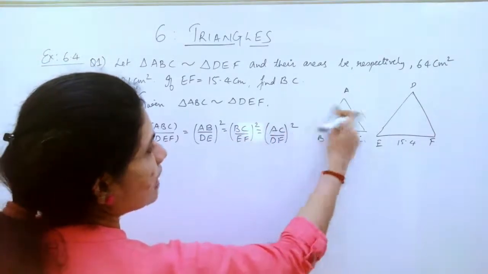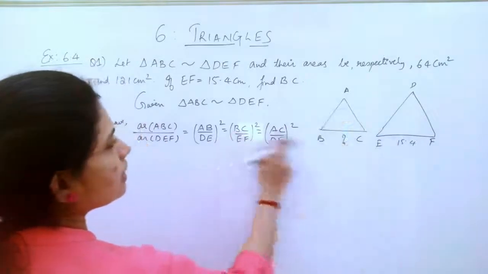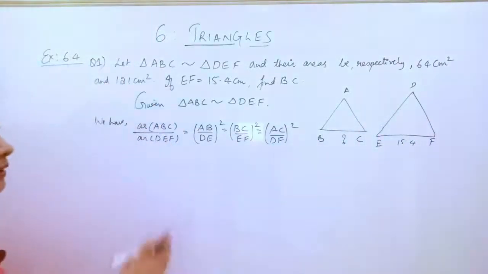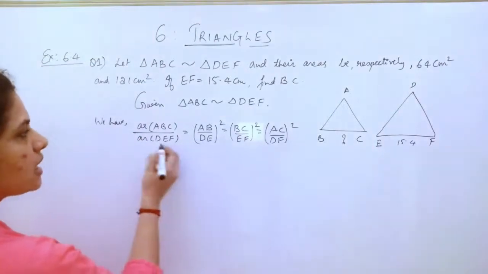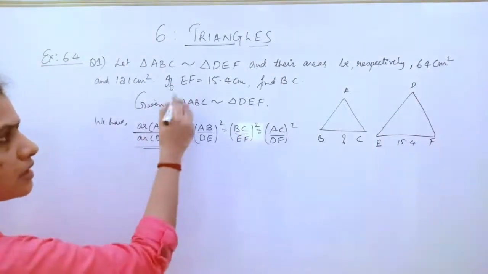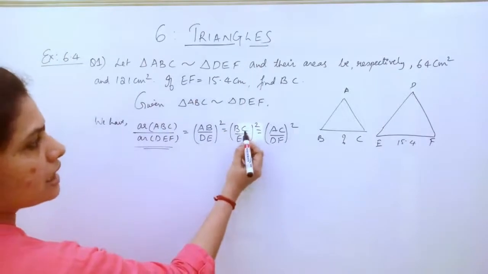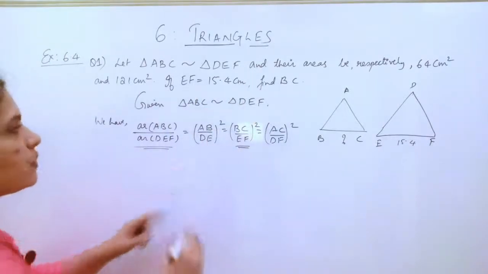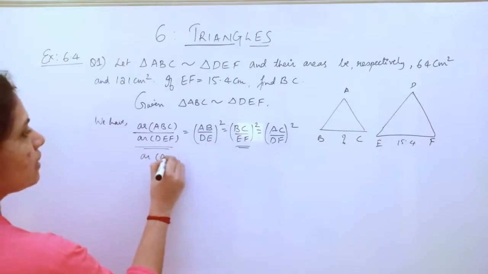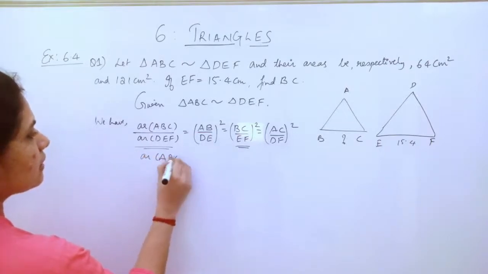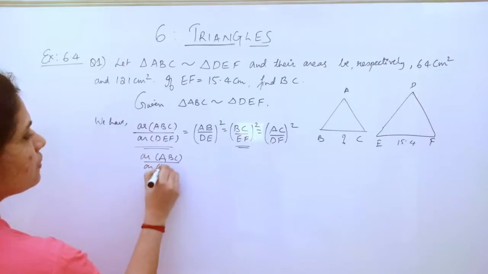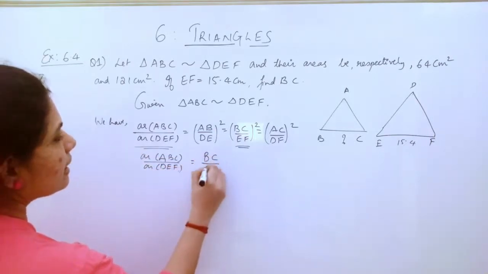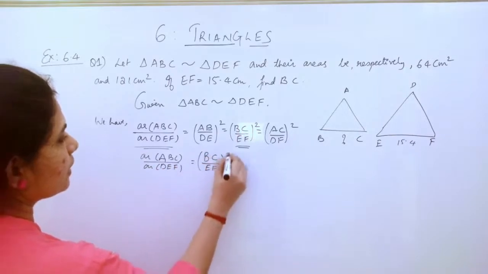Correspondingly we have written AB by DE the whole square, BC by EF the whole square, and AC by DF the whole square. And from this we are just taking the one which is already given, and we need BC and EF is given, so these two will be equated. That is, the ratio of the area of triangle ABC and area of DEF will be taken, and BC by EF the whole square.